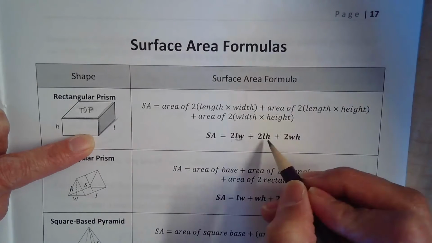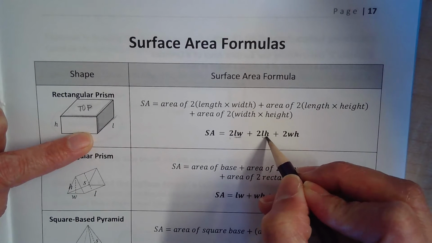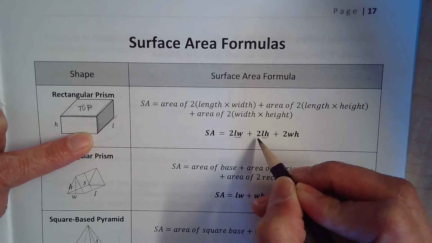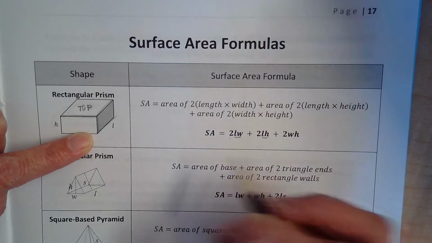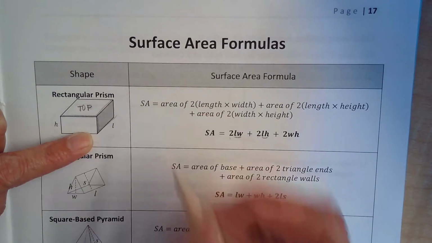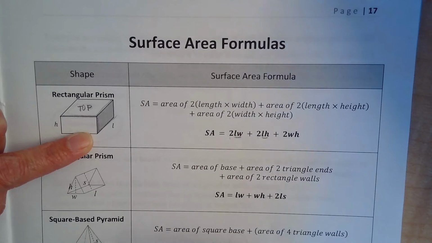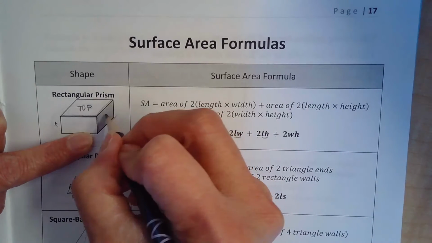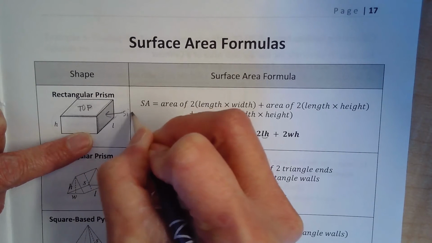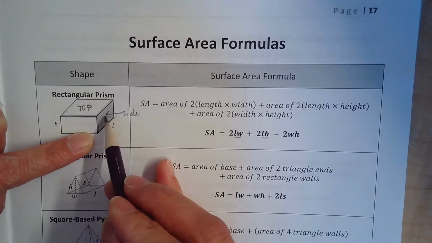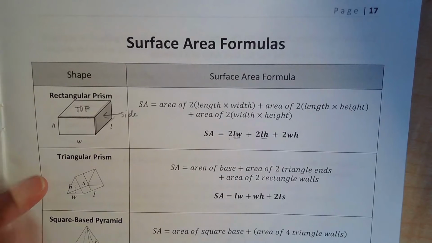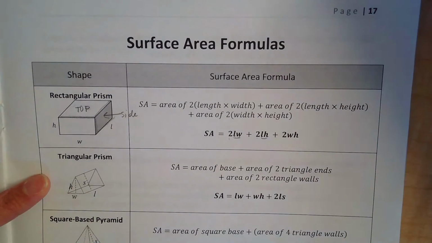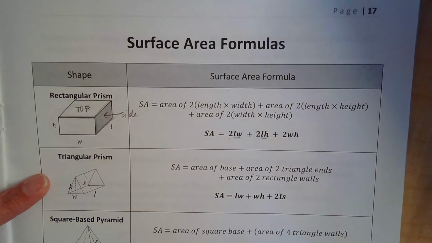Why is there a 2 at the front? Because there are 2 of them, exactly the same. So this is the right side, and then there's the left side, which we can't really see, somewhere over there, and it has the exact same area.